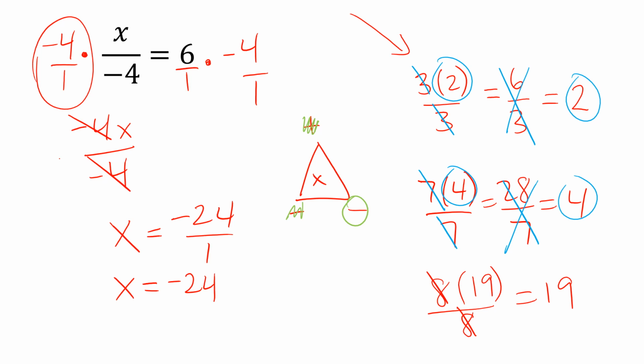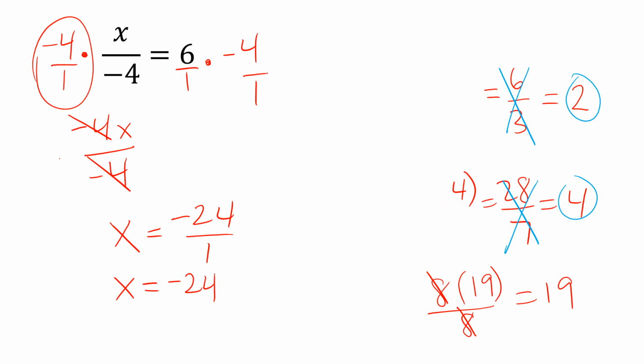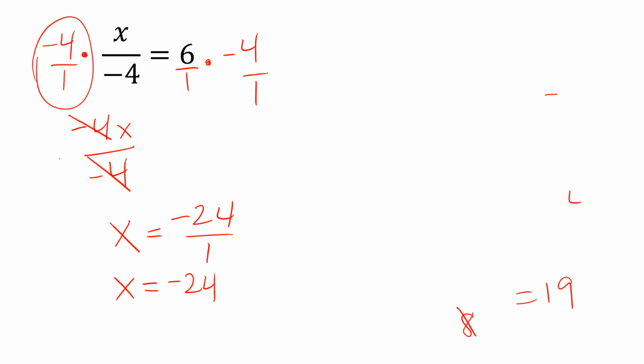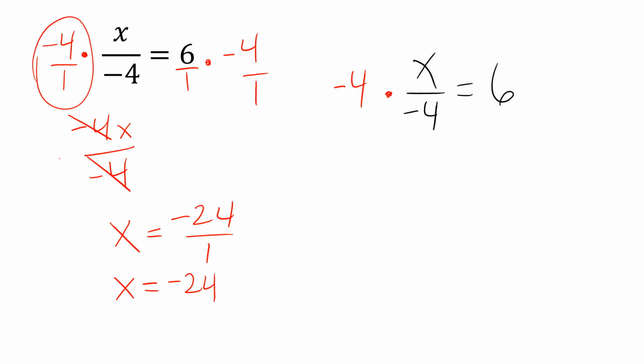Okay, let me show you in a lot fewer symbols how this really works out. I'm going to erase all this stuff here. So this is how it usually looks. It's a lot fewer symbols. Our original equation is x over -4 equals 6. You multiply by -4 because the x is being divided by -4.